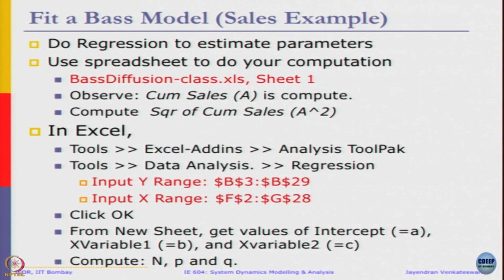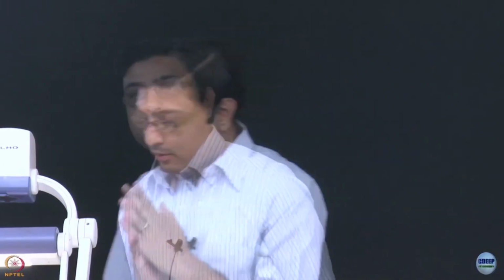You compute the square of cumulative sales, and then in Excel add the data analysis toolpack, click tools, data analysis, regression, and give the exact ranges that are given here. If you are using the same spreadsheet, that is what you will be giving, and click OK. Then get your A, B and C, and using the equation that we just gave you, we are going to solve for N, P and Q. I have already pre-computed the values for the first parameter, because we already know how to do that.